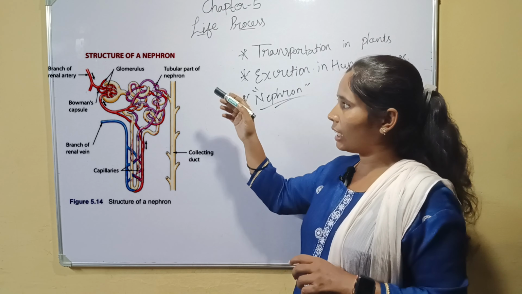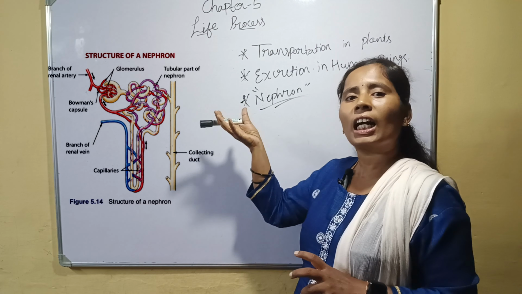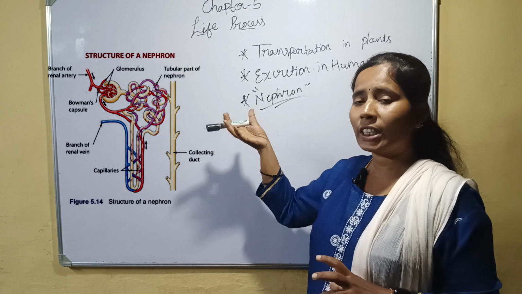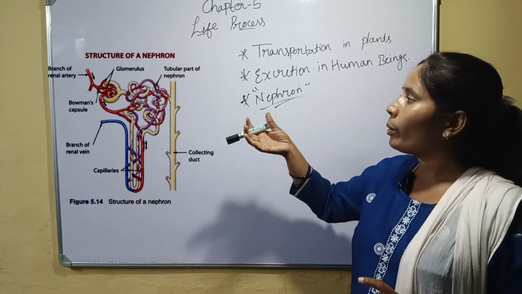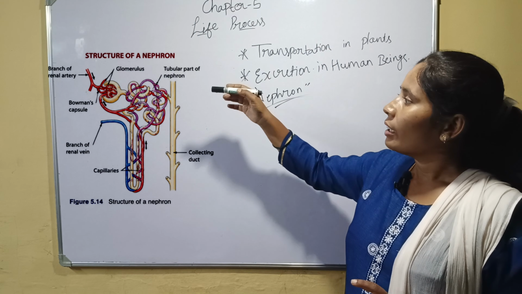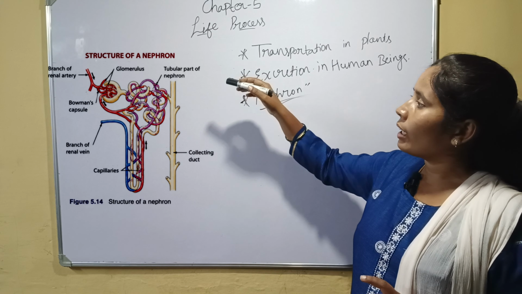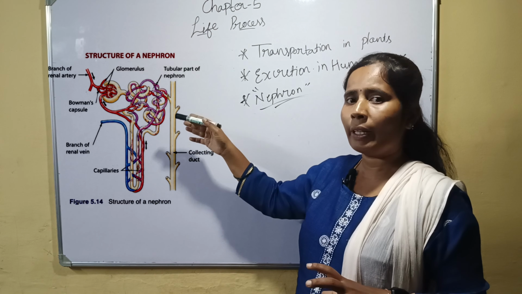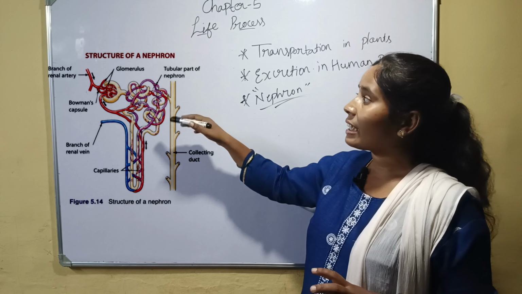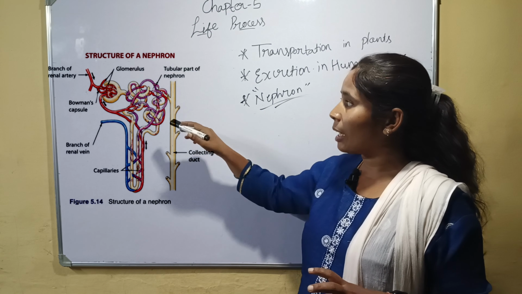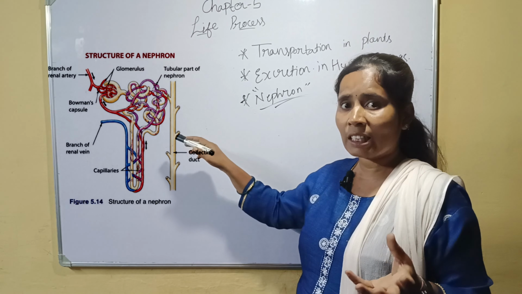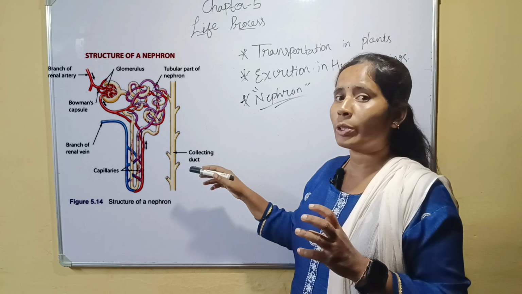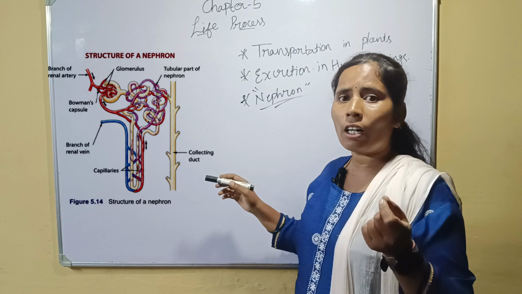Here you can see the cup shaped bowl called the Bowman's capsule. It collects the filtrate which has to be filtered. This filtrate will move through this part, where the reabsorption of water and some minerals takes place through these capillaries. These capillaries are very rich in blood cells, which helps the exchange of minerals because they are very thin walled.